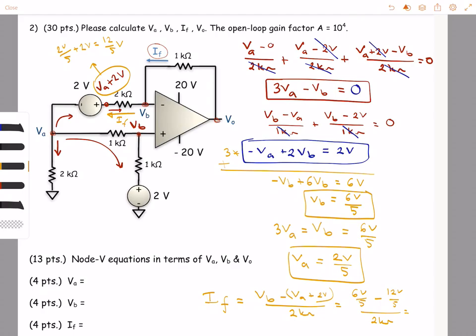That gets us minus 6 volts divided by 10 kilo ohms. So feedback current equals minus 0.6 milliamps.